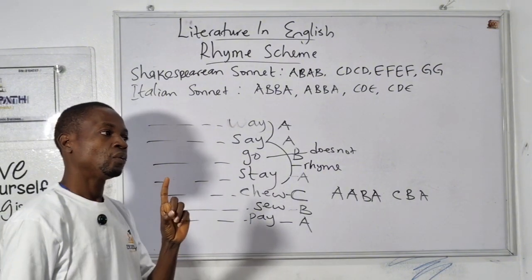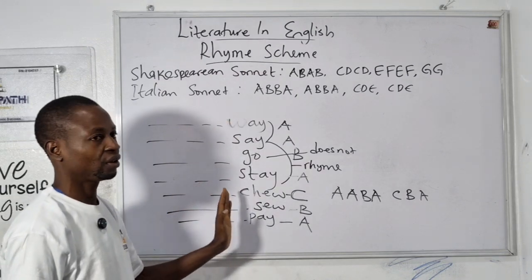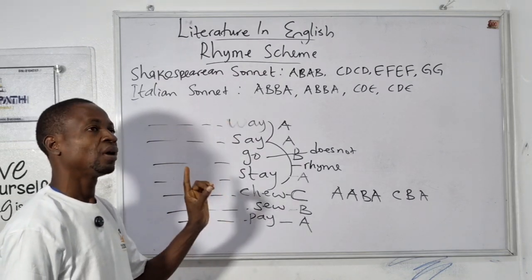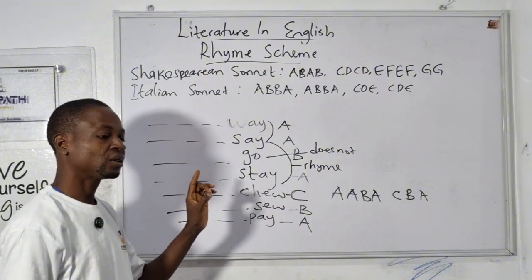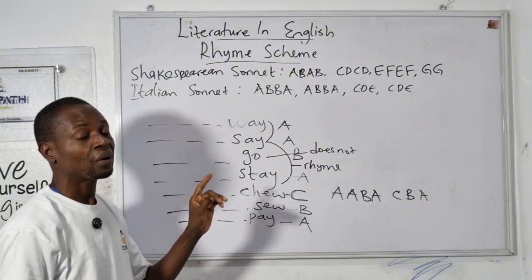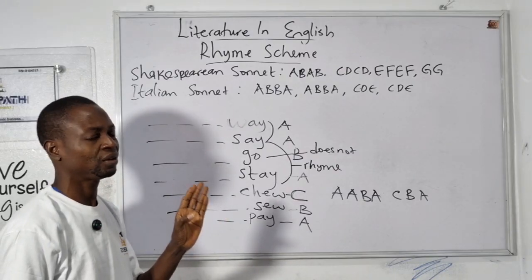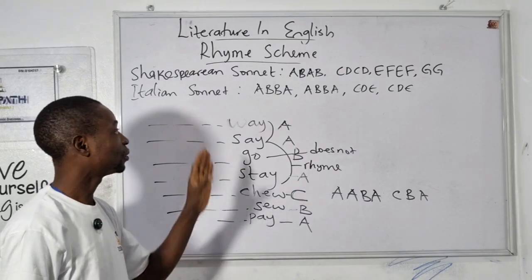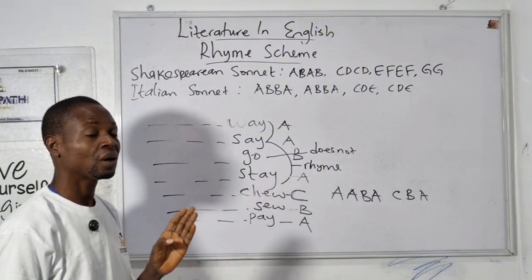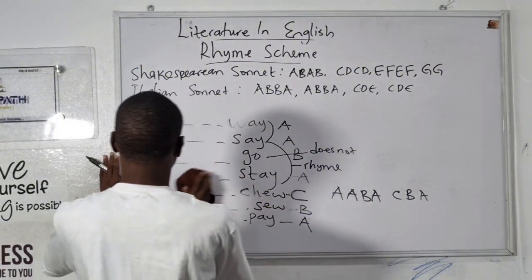Remember, you are concerned with the last word in each line. And you're also concerned with the vowel sounds. When we are treating rhyme, you are mostly concerned with the vowel sounds. Now let me give you a more popular example.